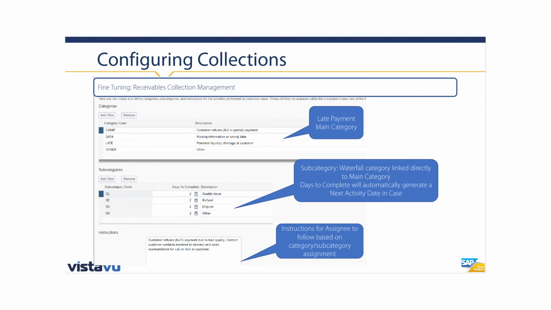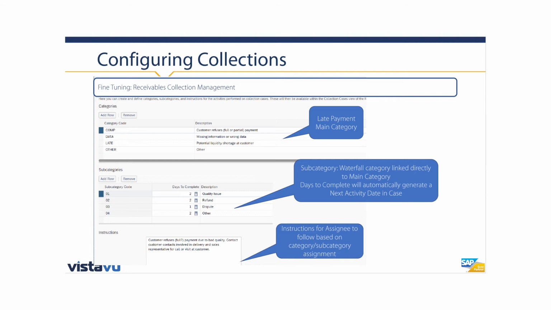And then as you select each of the different category codes, the subcategory table will change underneath. So like I said, it's not two independent tables, they're dependent upon each other. So you can have potentially even the same subcategories under a category, but have different instructions for things that you want to do.